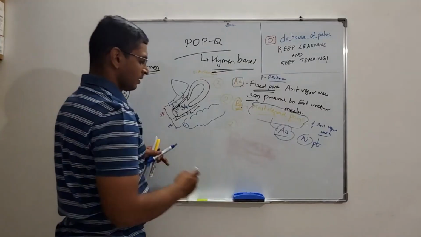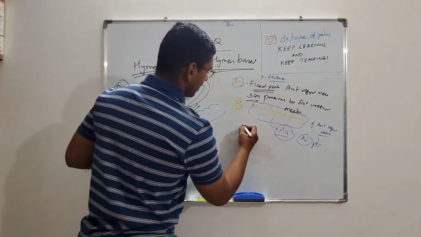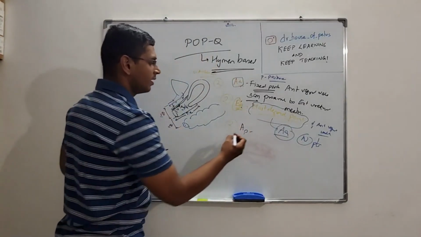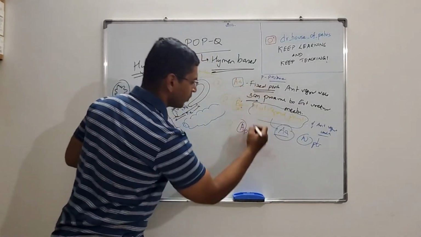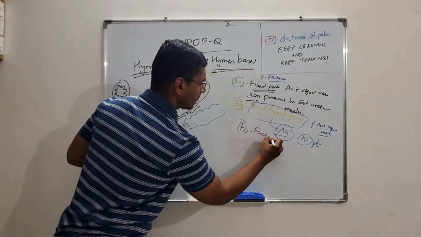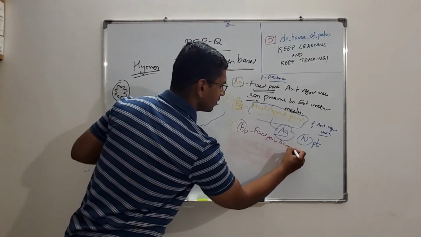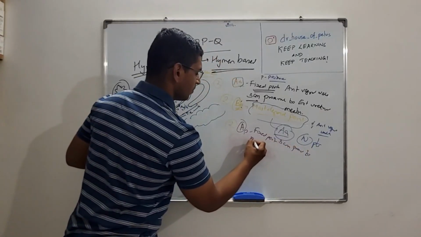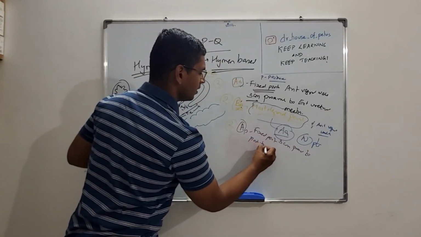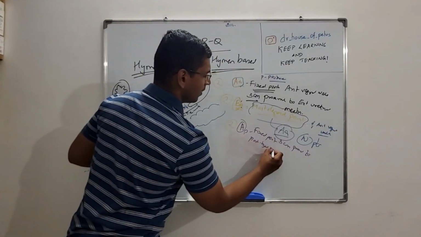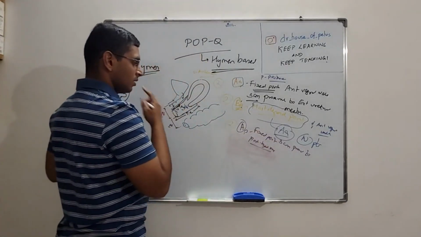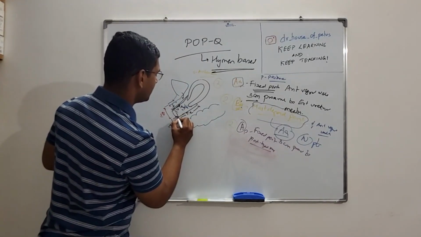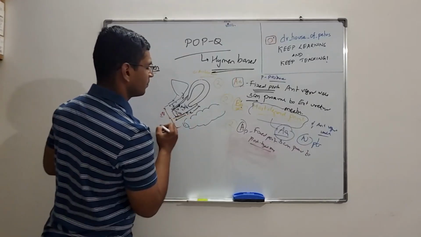Then comes point AP. The point AP, what I told about point A, it's a fixed point, 3 centimeter proximal to the posterior hymenal ring. Right? So this will be the posterior hymenal ring, and it will be 3 centimeter proximal to that.